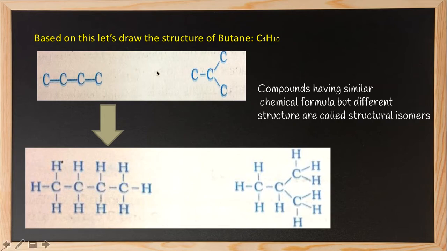Both these 2 compounds are different in structure, but chemically they are the same because the formula is C4H10 for both. So when the chemical formula is the same but the structure differs, those structures are called structural isomers.